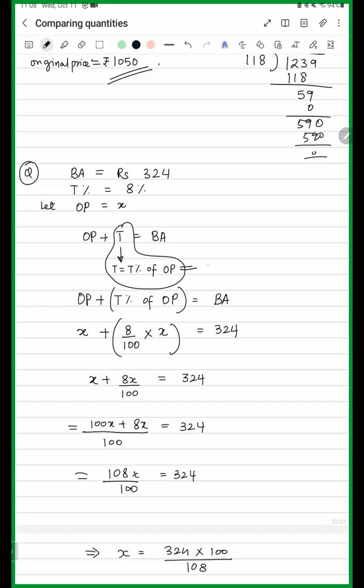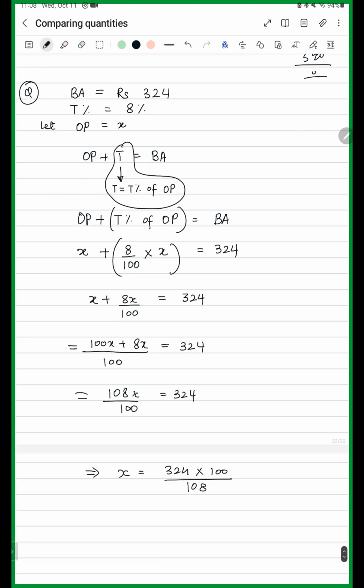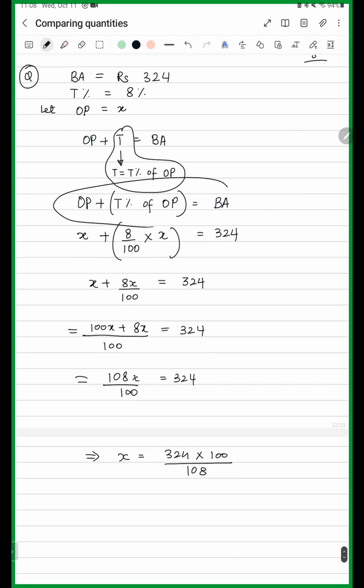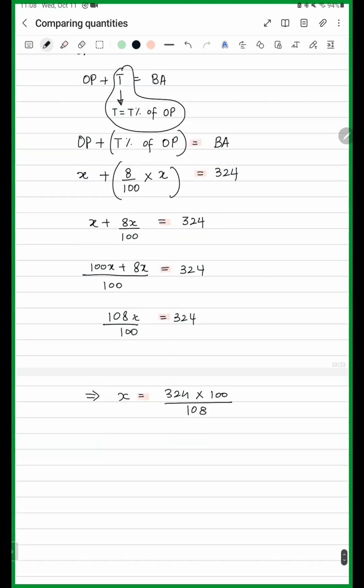So instead of doing this, write it very clearly. In one line, there should be only one equal to sign. See over here, in the entire line, there is only one equal to sign. Over here also just one equal to sign. So don't make it like this. And over here, what we have done, this is not an equal to sign. This is a that implies sign. So just do everything step by step so that you don't mess up.